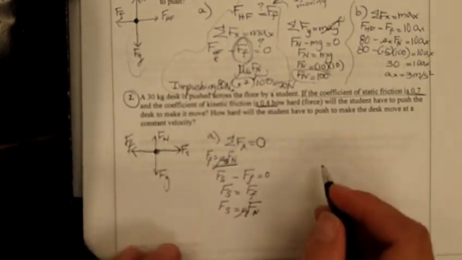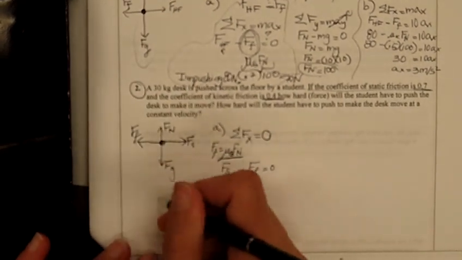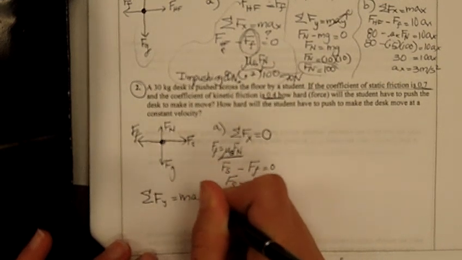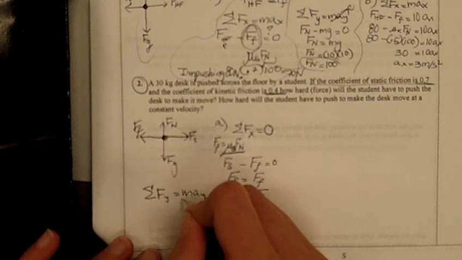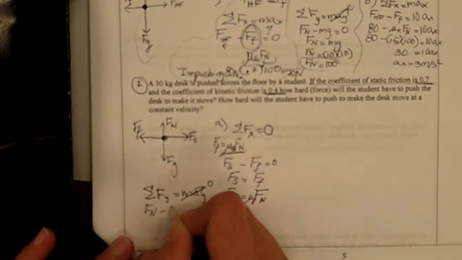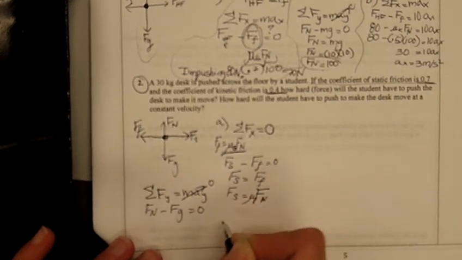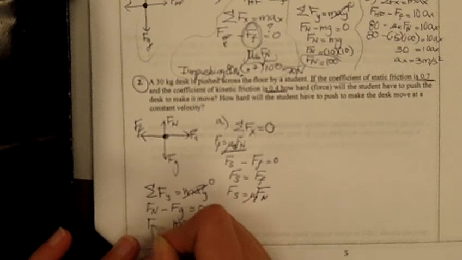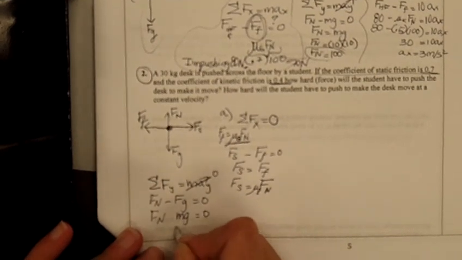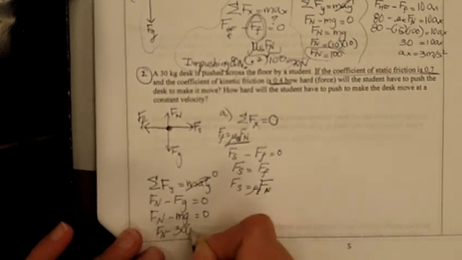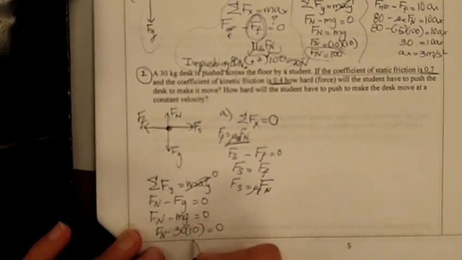Same idea as before. We can write out Fy equals may. This thing is not moving up and down, so ay is 0. I have Fn minus Fg is equal to 0. I know that Fg is mg, and that m is 30, so Fn minus 30 times 10 equals 0, and I can solve for Fn.